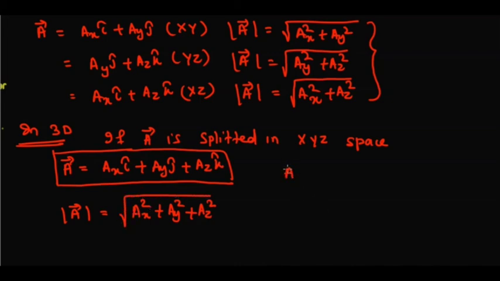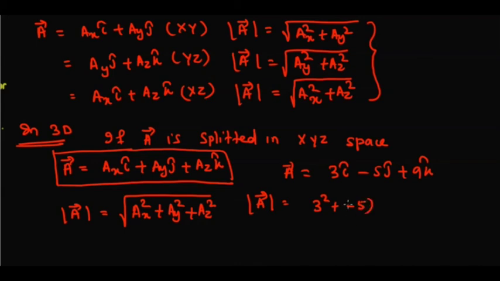For example, vector A is equal to 3 I cap minus 5 j cap plus 9 k cap. And we have to find the magnitude of A. So you can see that what is the coefficient of I cap? This is 3. It means AX is 3. So I can write 3 square plus AY, the coefficient of j cap, is minus 5.